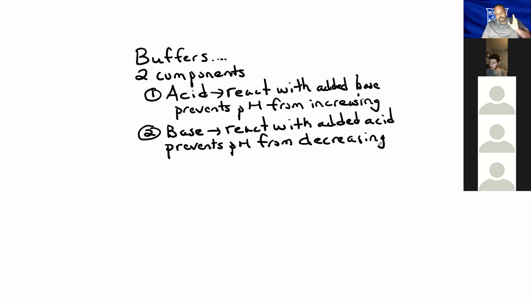Now, as I talked about in the notes, there's an inherent issue when you mix most acids and bases together. And that inherent issue for a buffer is the fact that most acids and bases react with each other. And when they do, their identities change. Because in theory, when you make a buffer solution, you want to add the acid component, you want to add the base component, but then what do you want them to do?